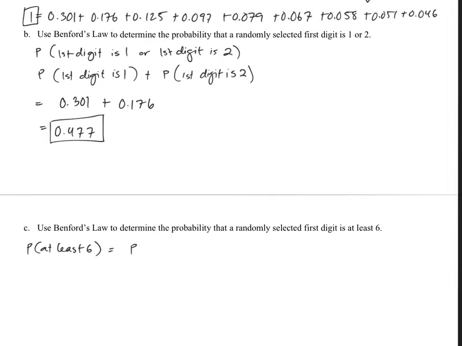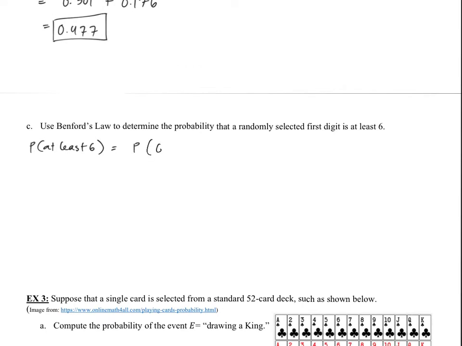Those are the options. So the probability of a 6, or 7, or 8, or 9. And once again, these are disjoint events, so we can go ahead and break them up: probability of 6, probability of 7, probability of picking an 8, plus the probability of picking a 9.